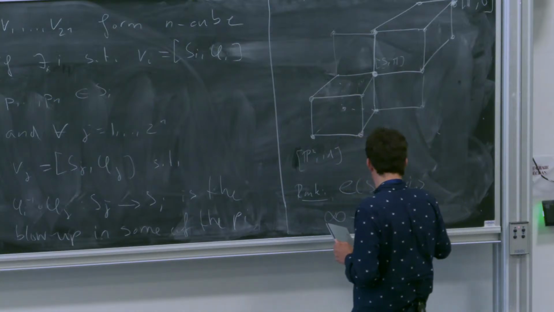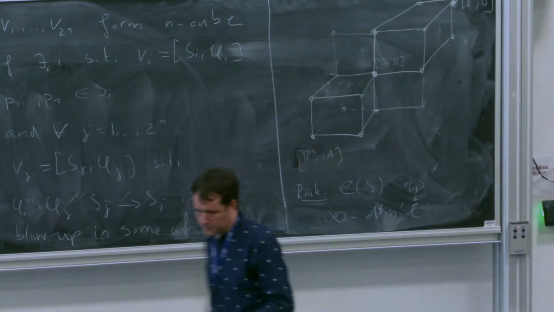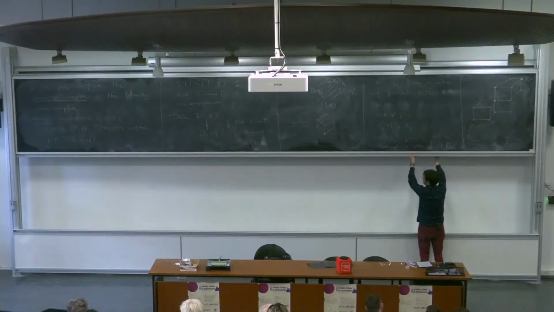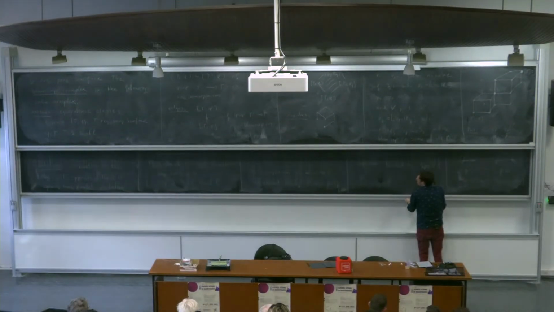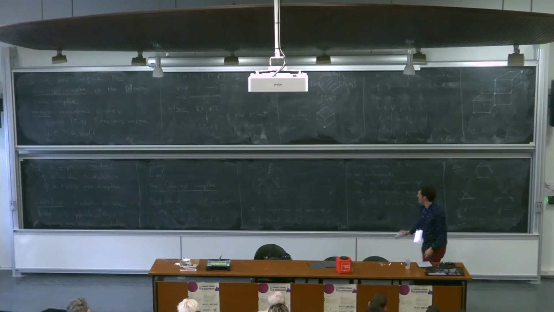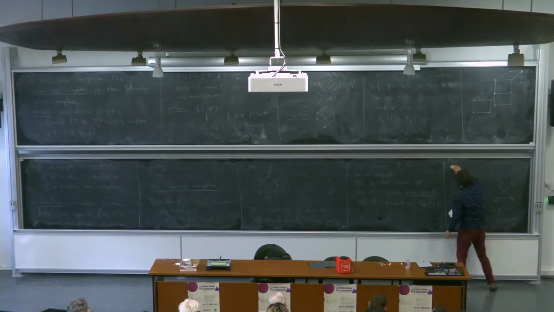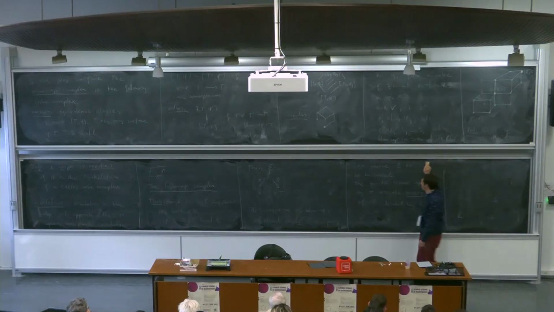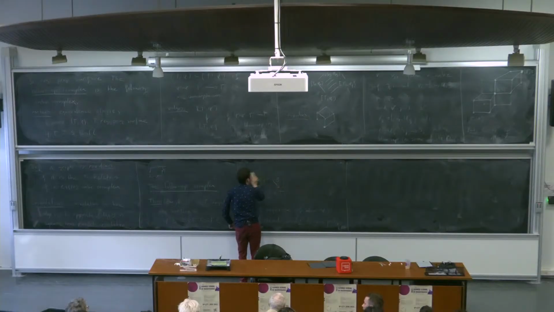It's infinite dimensional, but it's also not locally finite dimensional. At each vertex we have cubes, so each vertex is contained in cubes of arbitrarily high dimension.